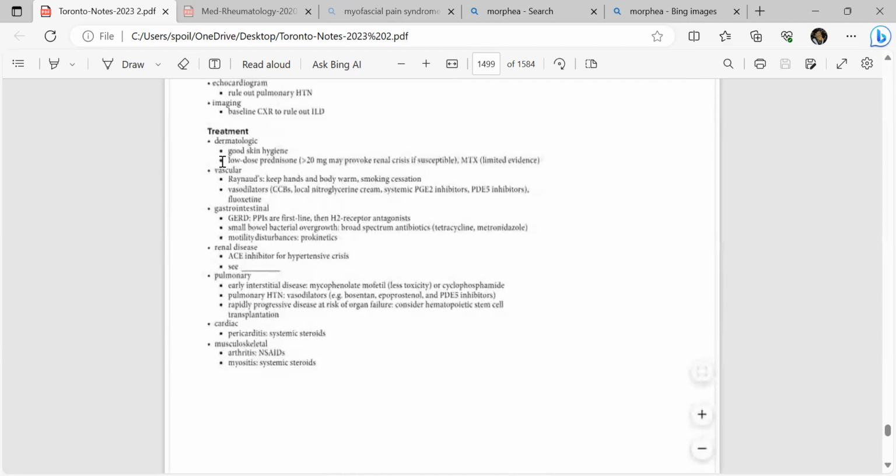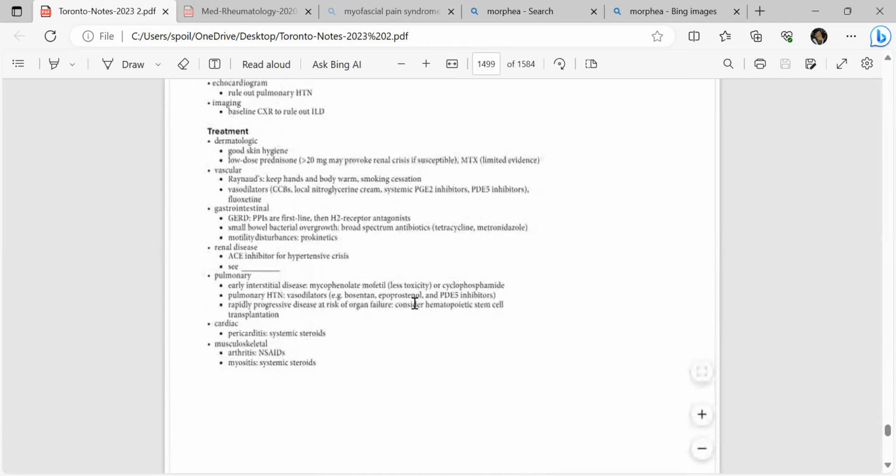Treatment: dermatological is good skin hygiene and low dose prednisone; methotrexate has limited evidence. Vascular, for Raynaud: keep hands and body warm, smoking cessation, vasodilators. For GERD, PPIs first line, H2 receptor antagonists. Small bowel bacterial overgrowth. Renal disease: ACE inhibitors for hypertensive crisis.